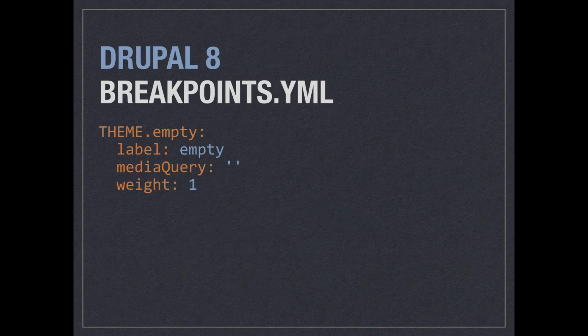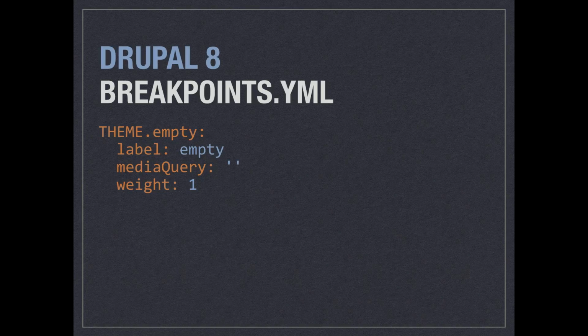In Drupal 8, there's not a UI for breakpoints. So you set this in a breakpoints.yml file, which is just a simple key value pair. You put your theme name in there, .empty, label empty, media query, just like that. And you put that into your theme.